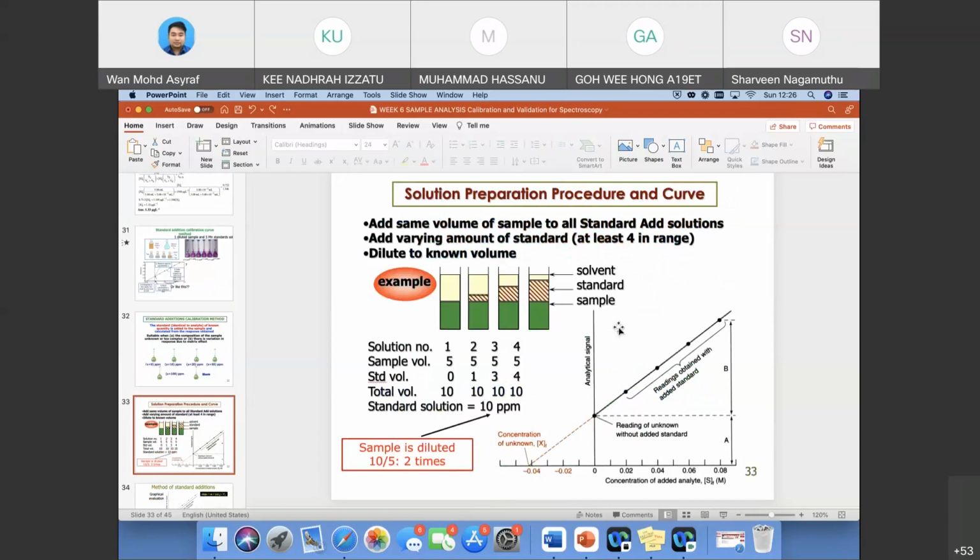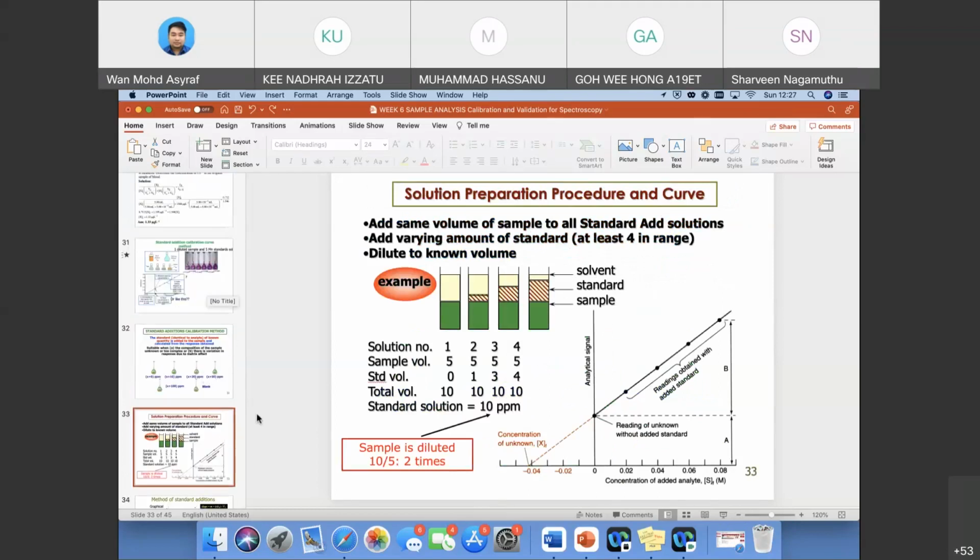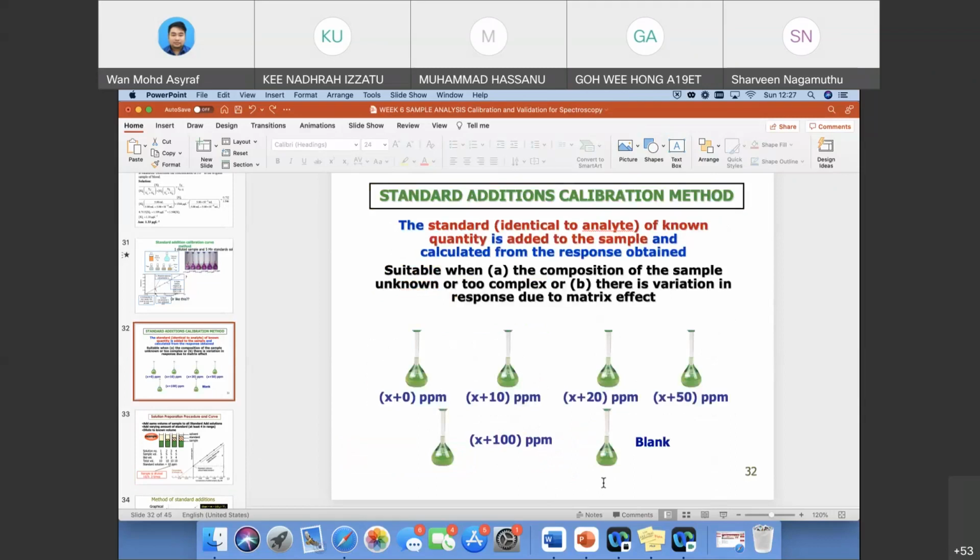At the same volume, this is your sample, and this is your solvent. So sample and solvent, this is X plus 0. The standard is 0 here. But when you put your standard in, this one is X plus 10.